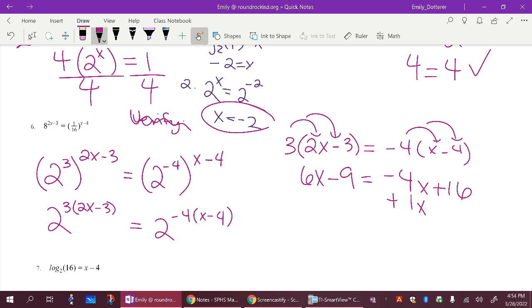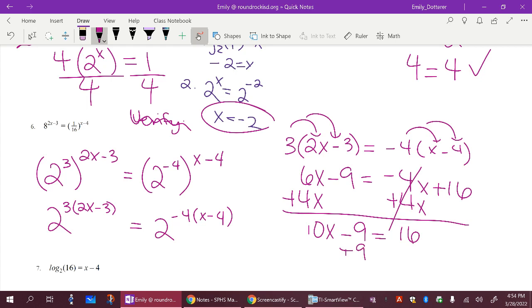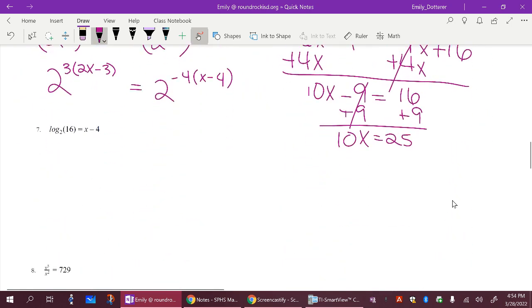Add 4x to both sides. So that means that 10x equals 25. So x equals 5 halves.